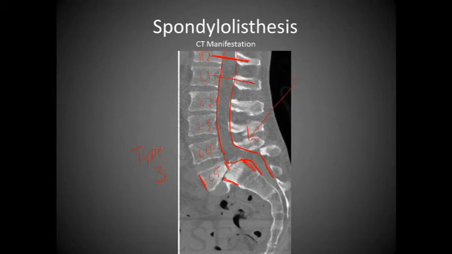Okay, so this is L1, this is L2, this is L3, this is L4, and way back here is L5 on the spinous process. There seems to be some disassociation between the vertebral body and the spinous process. If I erase everything here, let's look at this slightly more.